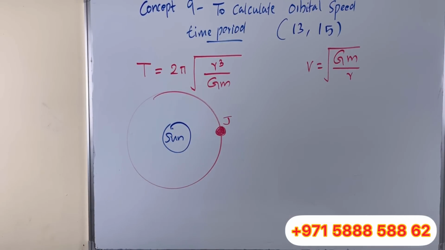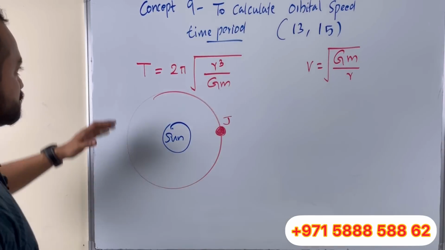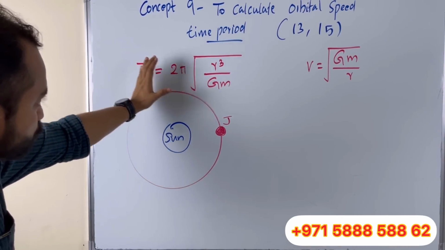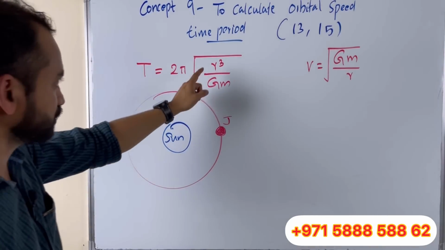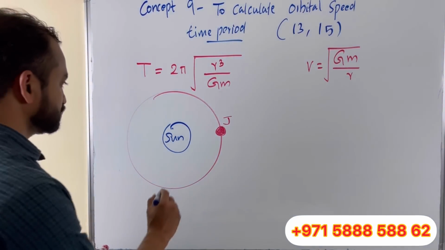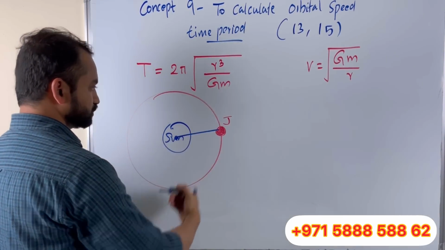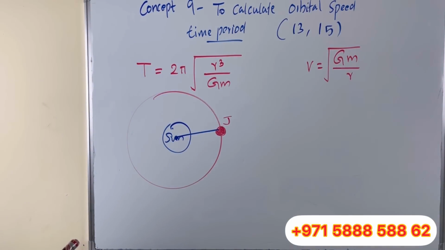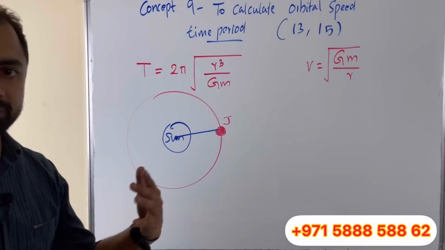For Earth it is 365 days. So what is the time period equation? T is equal to 2 pi into the square root of r cubed over GM. What is r here? R is the orbital radius, that will be given like this. R is the orbital radius, meaning the distance from the center of the Sun to the planet.